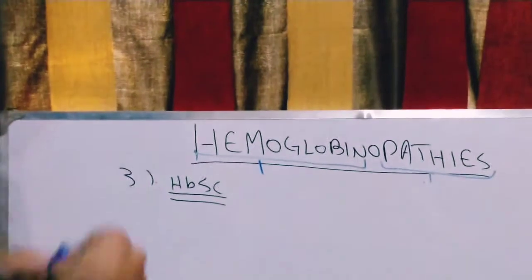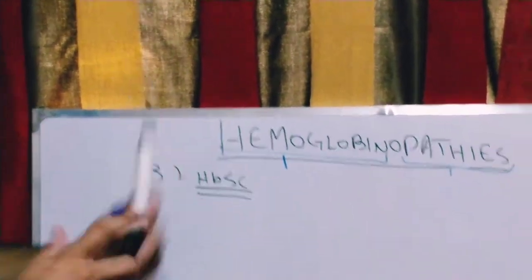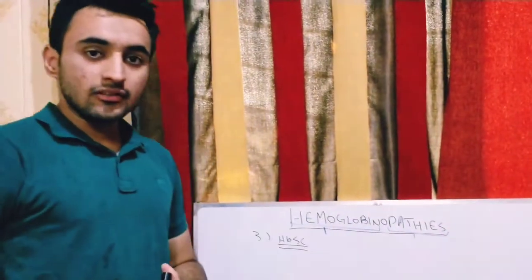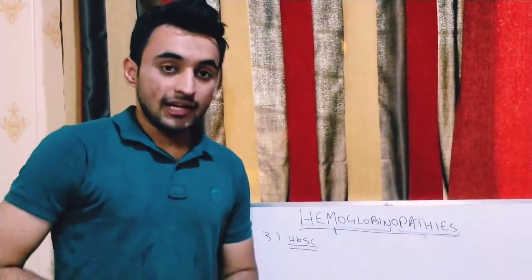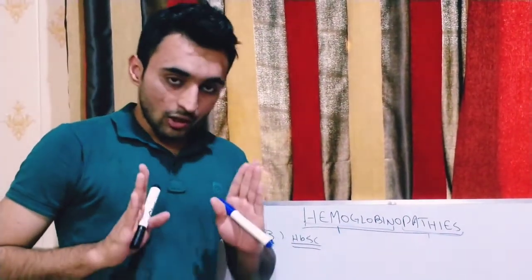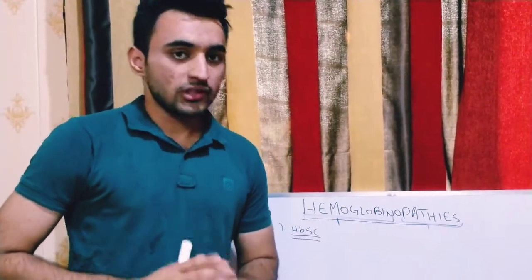Now, what is the HbSC disease? The HbSC disease is also a sickling disease, and it contains two abnormal beta globin chains.